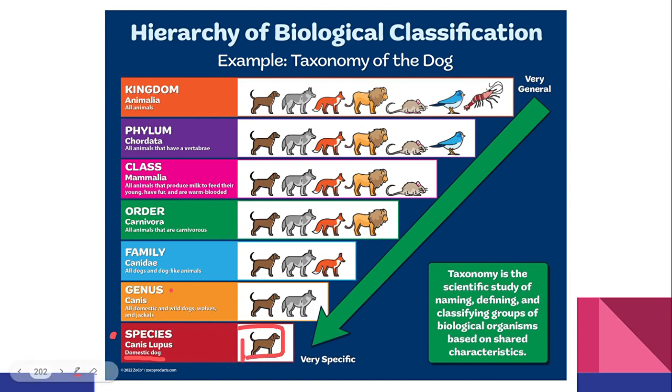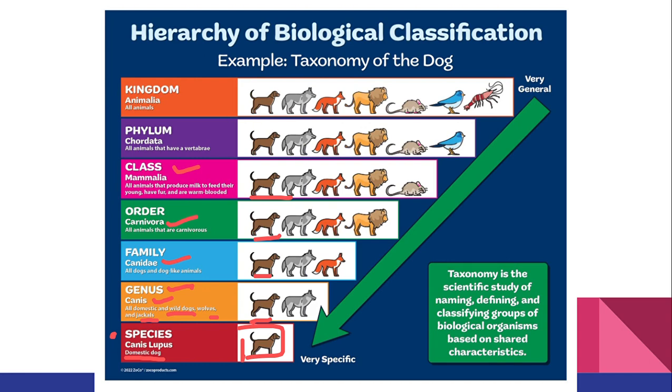When I say Canis lupus, it is the domestic dog. Specifically, only one organism comes, but when I go to the genus, related species will come. So Canis is the genus. In Canis, as written here, domestic dogs, wild dogs, wolves and jackals all will come over here.